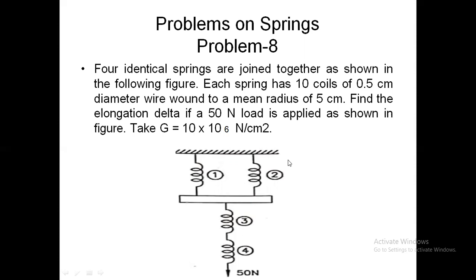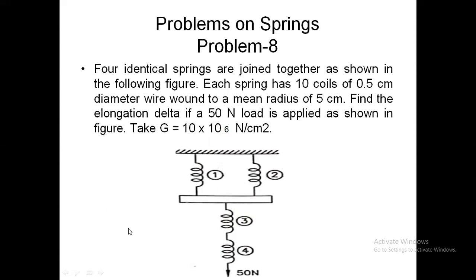Find the elongation, that is, the total deflection, if a 50 Newton load is applied as shown in the figure, and take modulus of rigidity as 10 into 10 power 6 Newton per centimeter square. You can convert that into megapascal. No issue. This is very, very important.